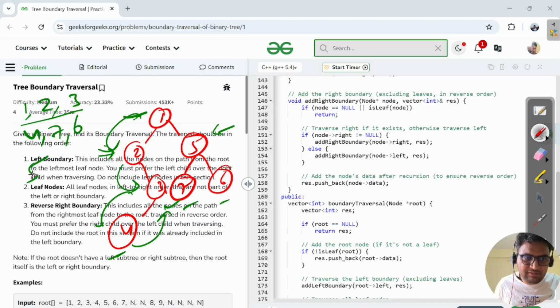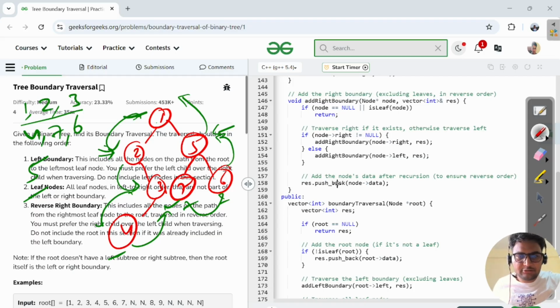So here 5 will be printed. So I hope you understood this one. I did the dry run for you, right? So in this way we have printed 1, 2, 3, 4, then 7, 6, and then 5, correct? From here to here, here to here, right? And then we are coming out from this tree traversal.